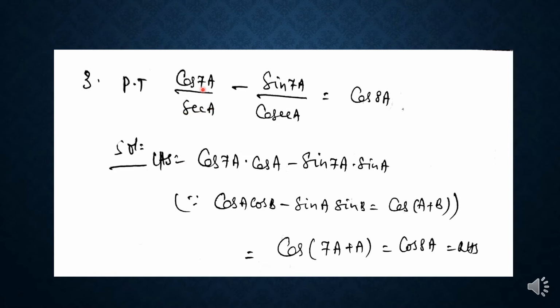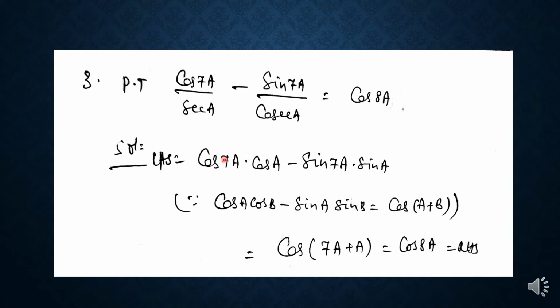So once again see this problem. Here we converted secant A into 1 by cos A and cosecant A into 1 by sin A. So the given LHS becomes cos 7A by 1 by cos A, that is into cos A by 1.